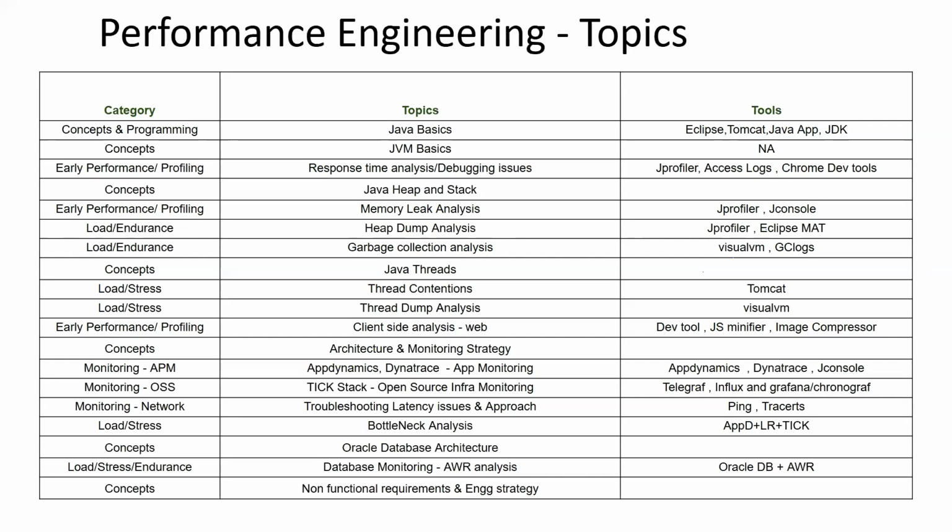After learning your CPU profiling, response time analysis, and then memory, we'll also learn what are threads, what are Java threads, what are the various states of threads, what is thread contention, how to identify thread problems, and then why we need a thread dump, when we will take a thread dump, how to take a thread dump, and then how to analyze the thread dump. All we will learn one by one.